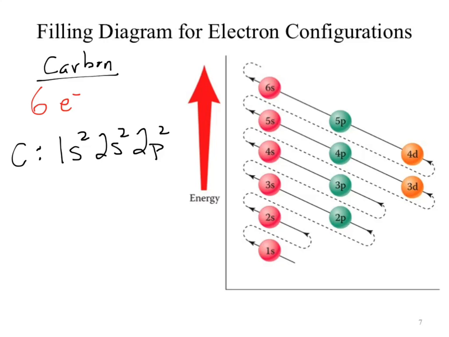Why not show it as a, instead of doing it that way, we could have written it just as easily 1s2, 2s2, 2p2. Whoops, I even did that one wrong. Because the values look confusing. Yeah, that looks confusing. So we want to separate out the number of electrons in some fashion. Why not do it as a subscript?